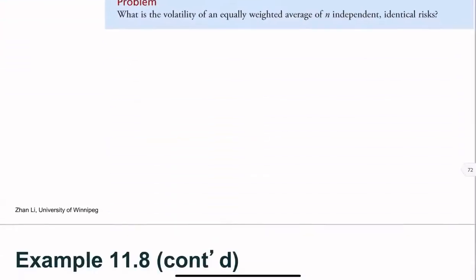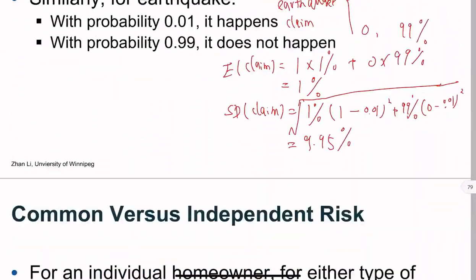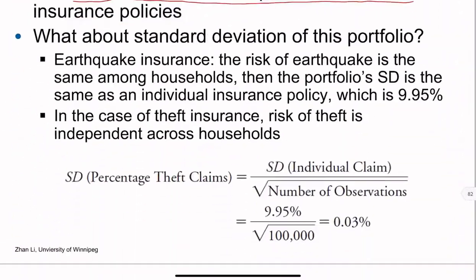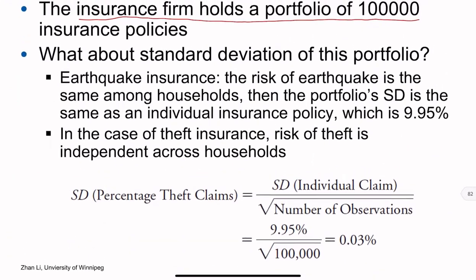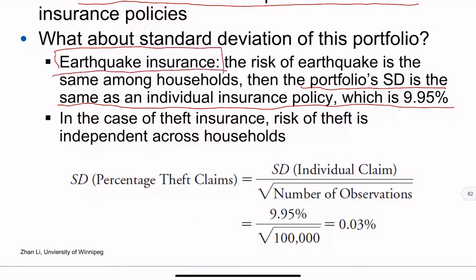So this basically says the portfolio's standard deviation is the same as an individual insurance policy's standard deviation, which is 9.95%. Okay, this is for earthquake insurance.